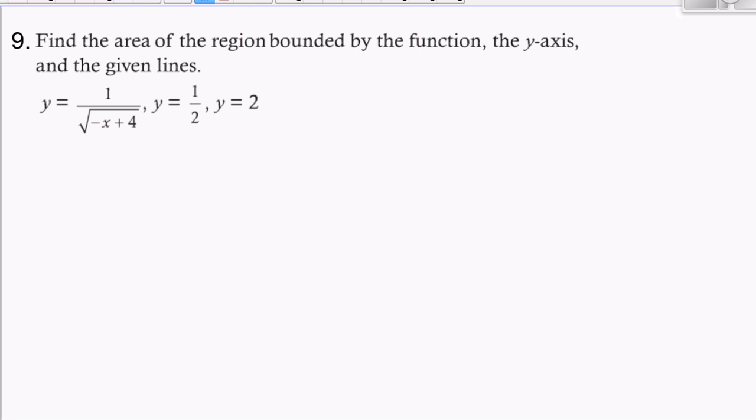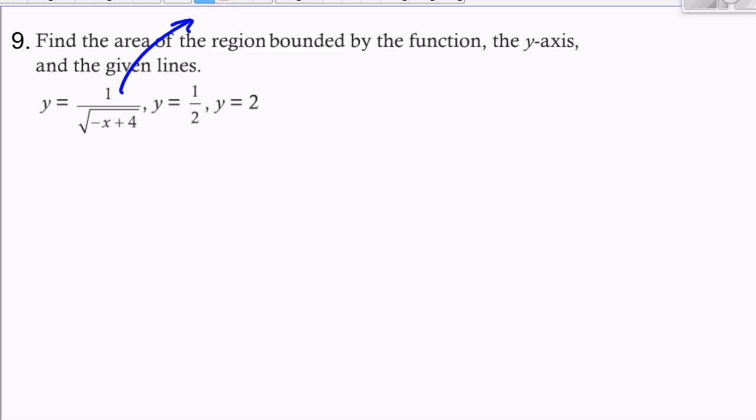Next question. Find the area of the region bounded by the function, the y-axis, and the given lines. So the first thing is, by inspecting this function, if we plug in any value of x that is 4 or greater than 4, we will end up with a problem.